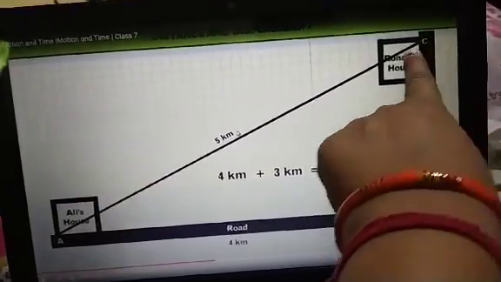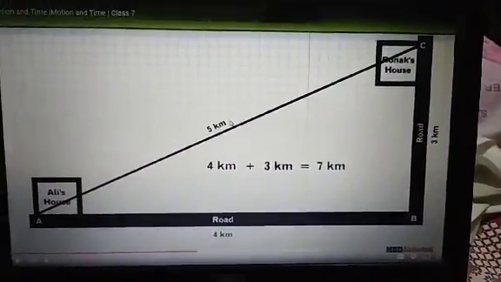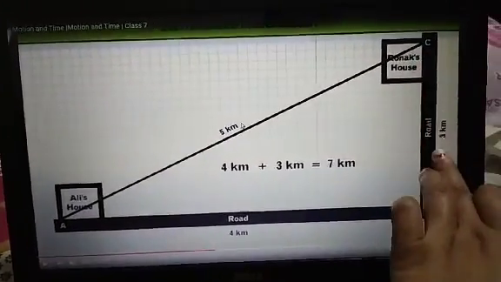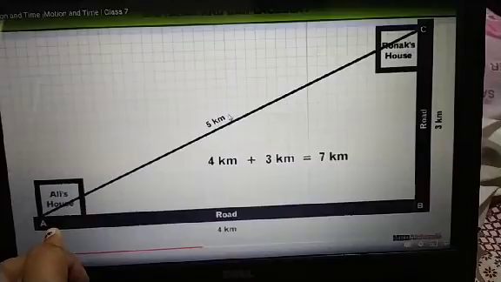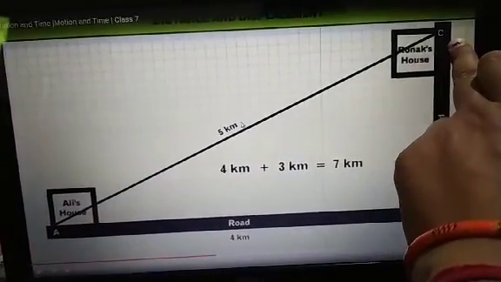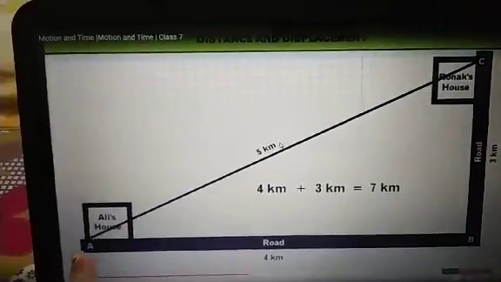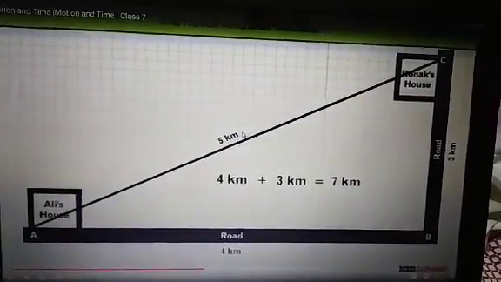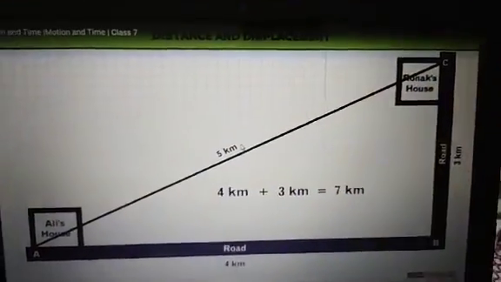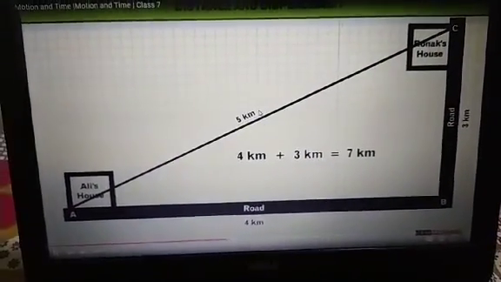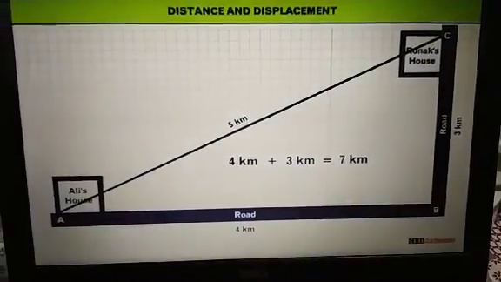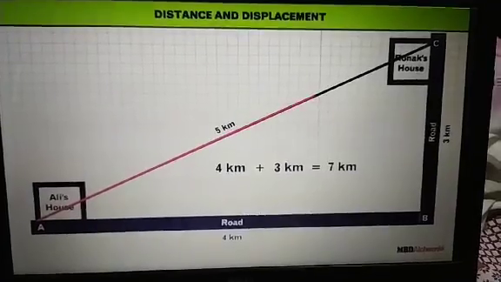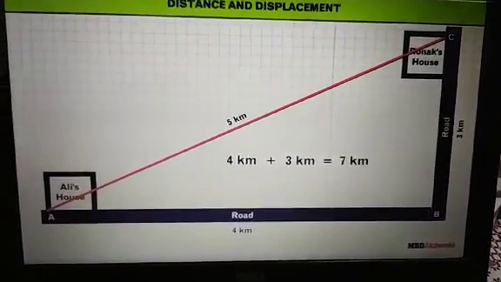And this displacement is 5 kilometers. Means the actual path is known as the distance, and the shortest path is known as the displacement. Clear? So this is the distance and displacement. Fine.